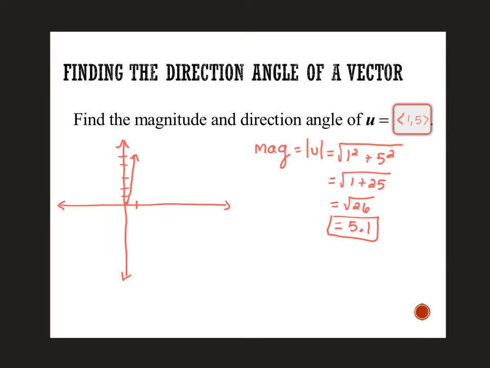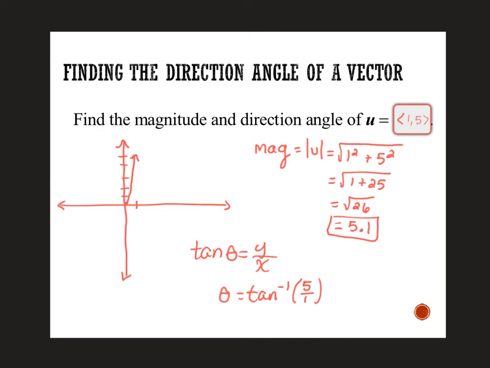Similar to the way we were finding polar angles, or finding an angle in any trig on the unit circle, we know that the tangent of an angle is equal to y over x. So in order to find the angle measurement, I need to do the tangent inverse of the y value, which is 5, over the x value, 1.